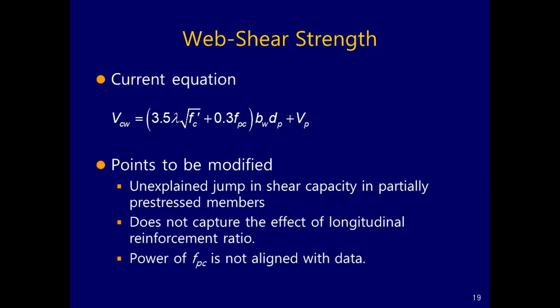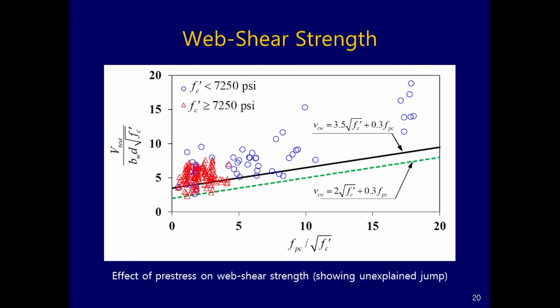Also, it does not capture the effect of longitudinal reinforcement ratio, and perhaps the relationship between Vcw and fpc is not linear. So this graph shows the effect of prestress on web shear strength. The green dashed line is the line shifted from the black solid line by changing the constant in front of the square root f'c from 3.5 to 2.